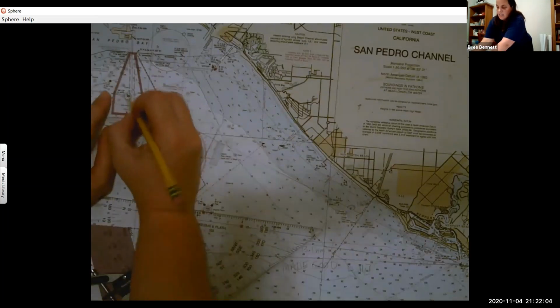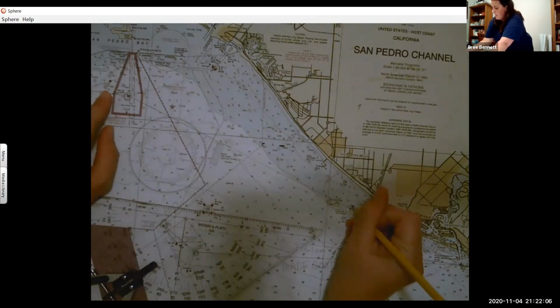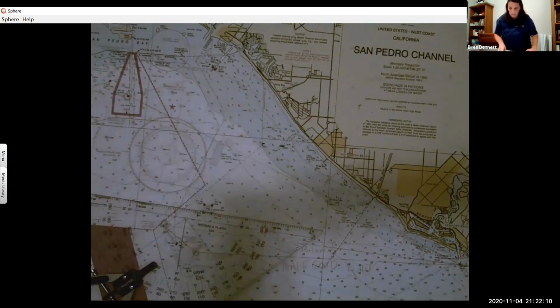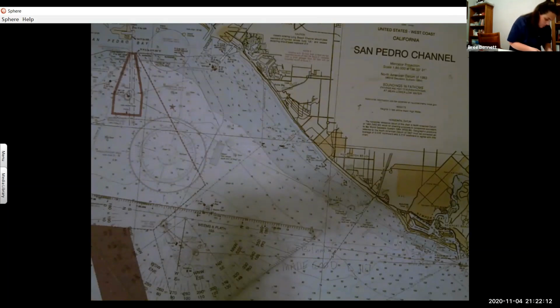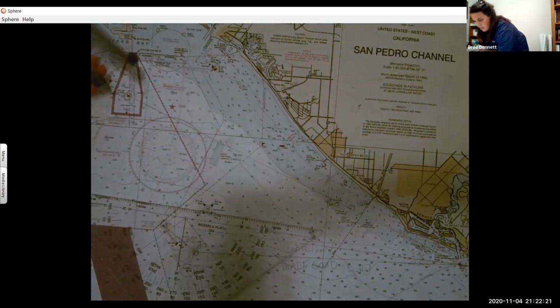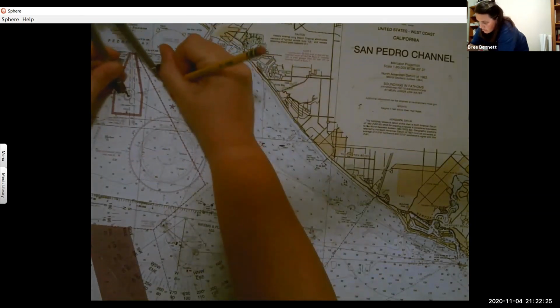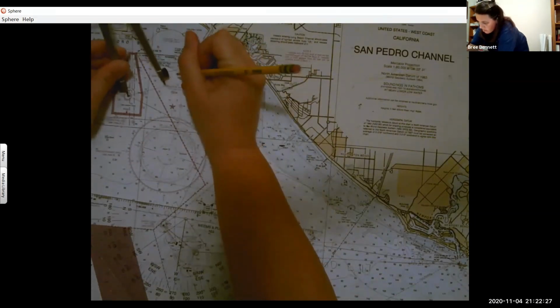I have this dot, and now I need the end of my set line, which was 1.7. There's 1.7. I guess it's more like that.